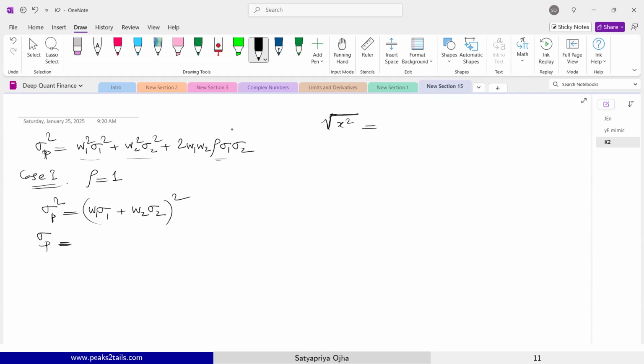Positive x, plus minus x? Positive x is right. The answer is this, mod x, because please remember, square root as a function always returns a positive number.